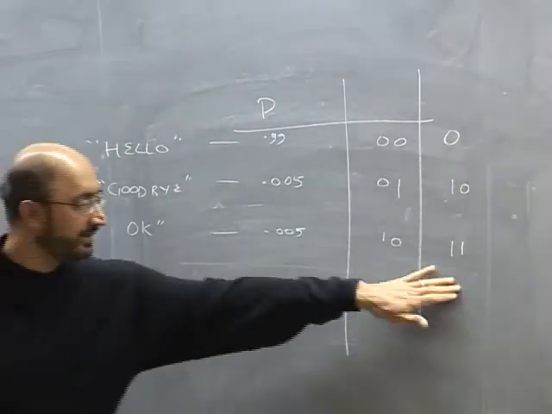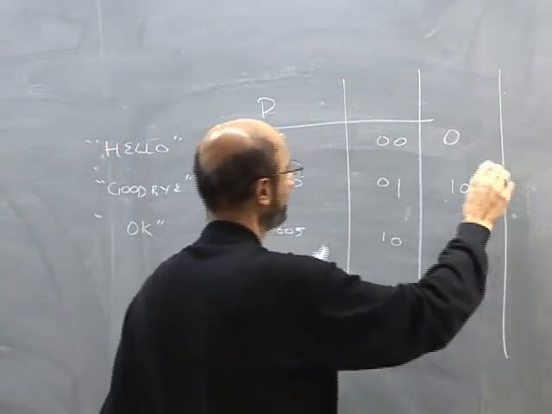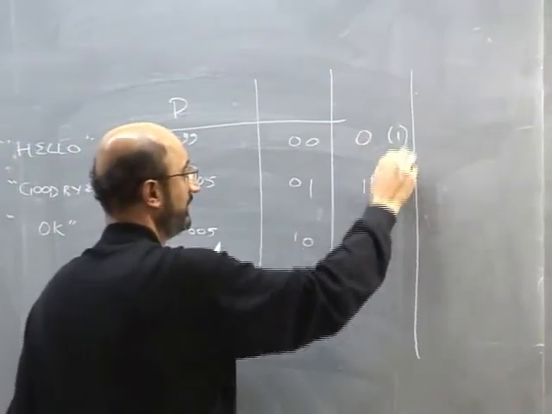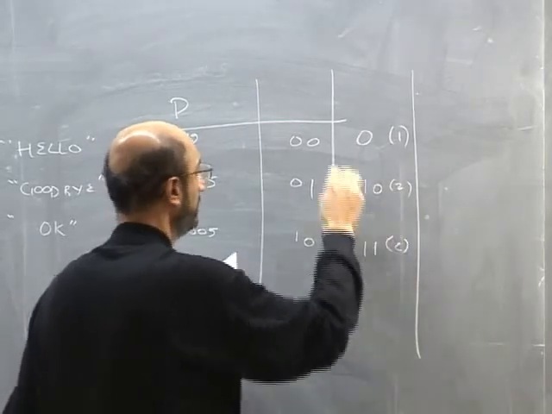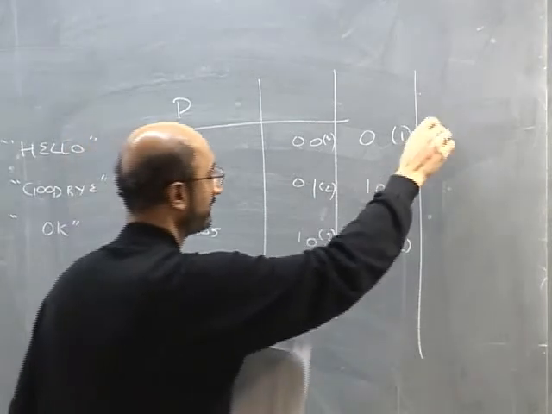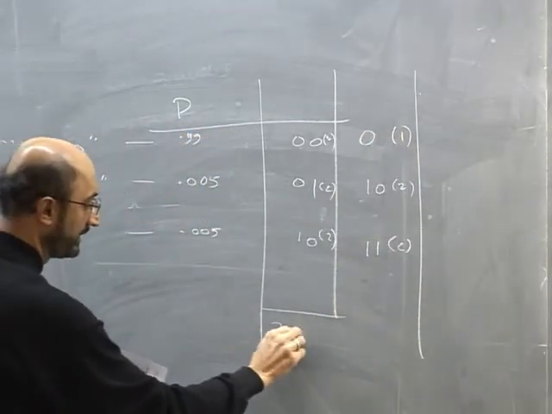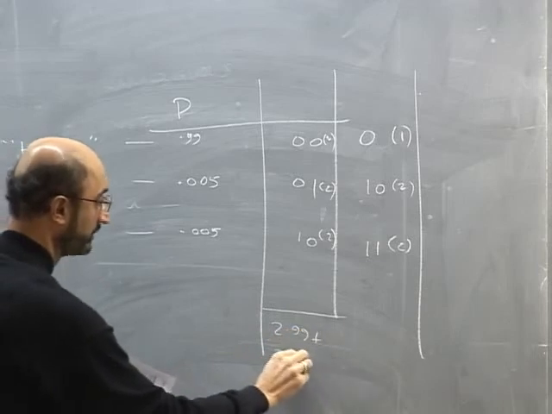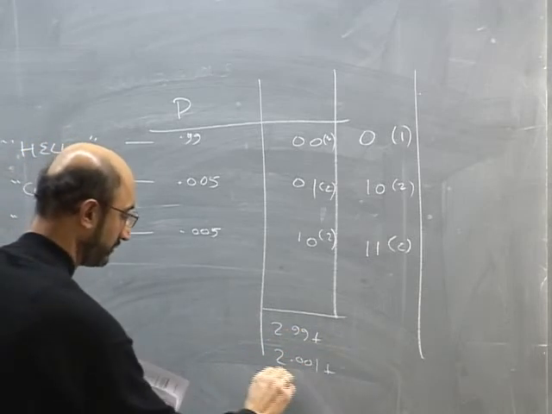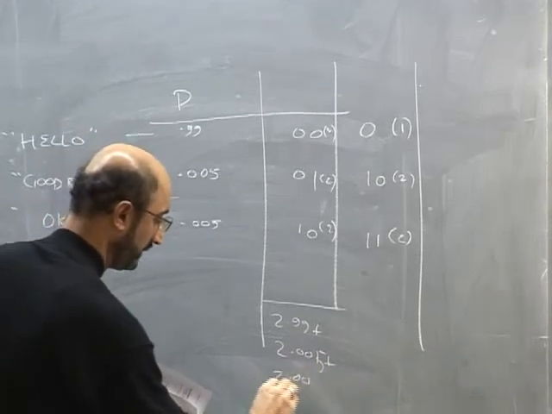This is better than that because if you take the expected message length, here the length is 1, here the lengths are 2, 2, and 2. So the expected message length for the first case is 2 times 0.99 plus 2 times 0.005 plus 2 times 0.005, which equals 2.